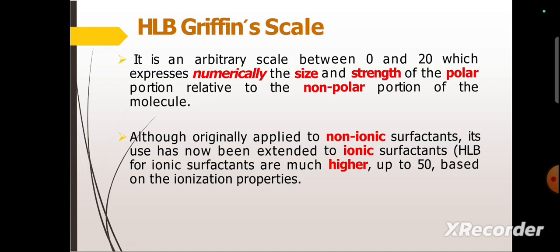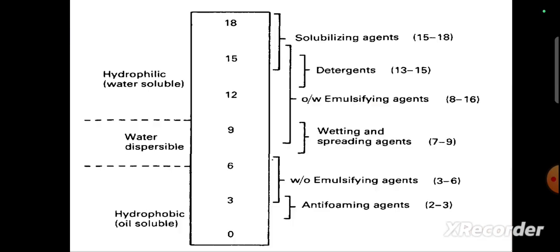It is an arbitrary scale between 0 and 20 which expresses numerically the size and strength of the polar portions relative to the non-polar portions of the molecules. Although originally applied to non-ionic surfactants, its use has now been extended to ionic surfactants. Here the HLB for ionic surfactants is much higher, up to 50, based on the ionization properties.